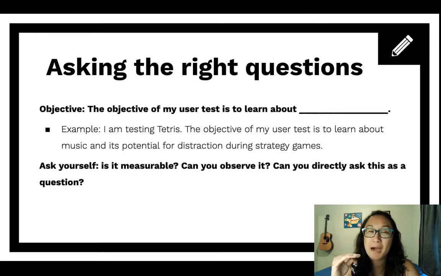In my example, I am testing the game Tetris, and my objective for my user study is to learn about music and its potential for distraction during strategy games. I have a design hypothesis that the game Tetris, because it speeds up, adds a level of stress for the players.